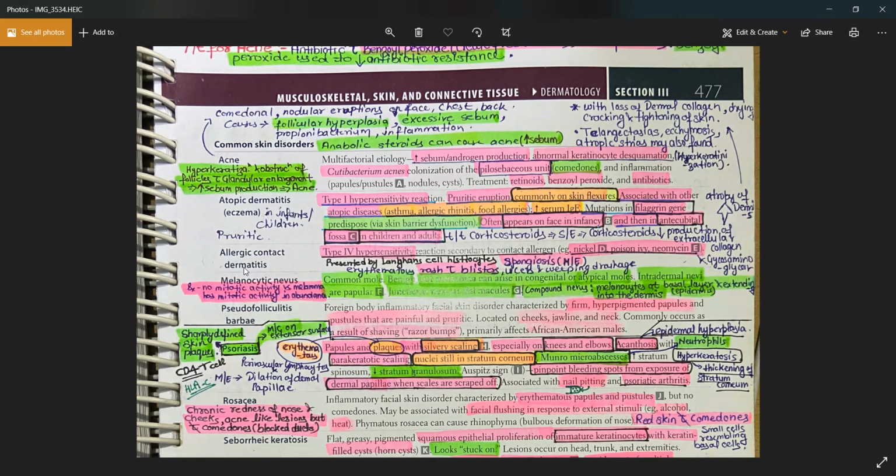Yeah, nevus, of course, but in the terms we have discussed in this derma section, it would be a papule. Please note that condition.